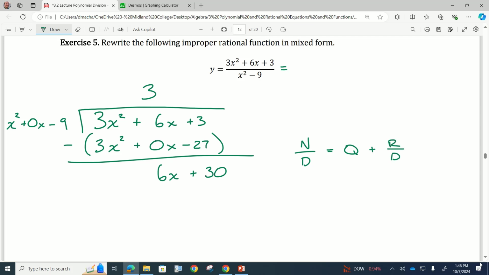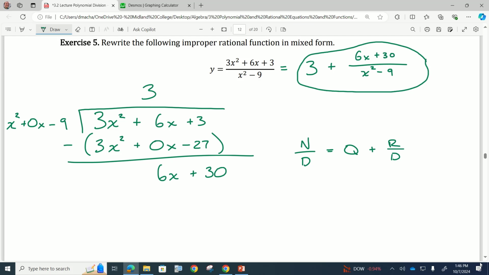So I write 3 plus 6x plus 30 divided by x squared minus 9. So this is a mixed form where my polynomial is 3, and then my proper rational function is also right there.